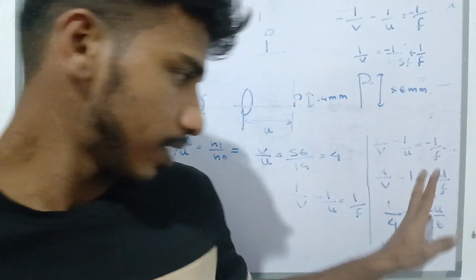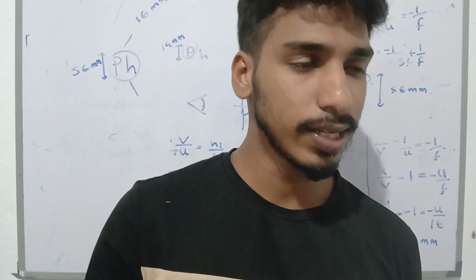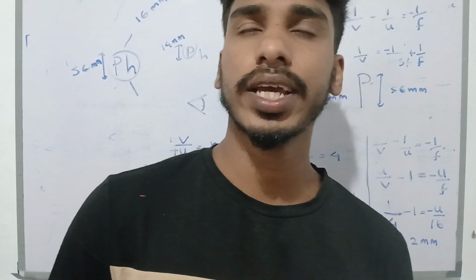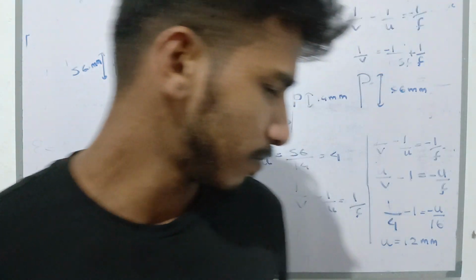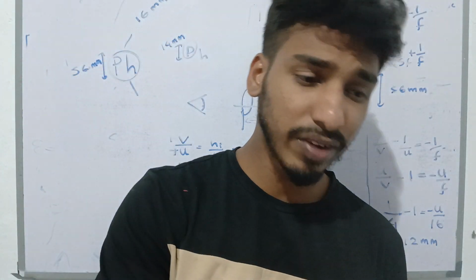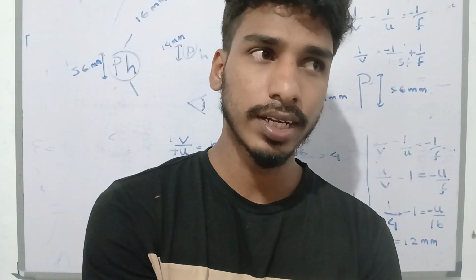I think I made a mistake something like this when I was trying my FWC paper. Instead of saying these things, they just gave a question where they said it was an inverted image, something I can't remember. They have given the magnification factor.